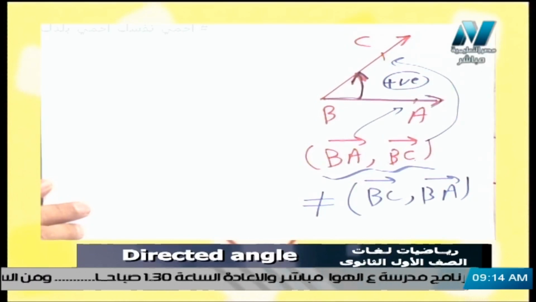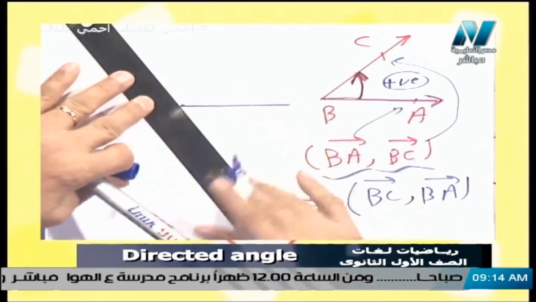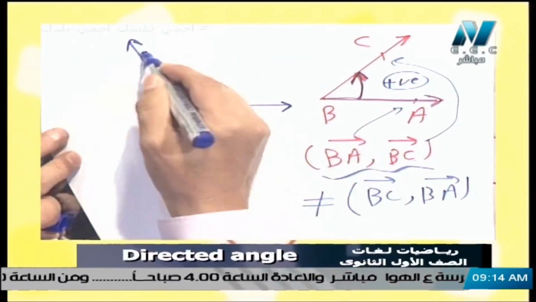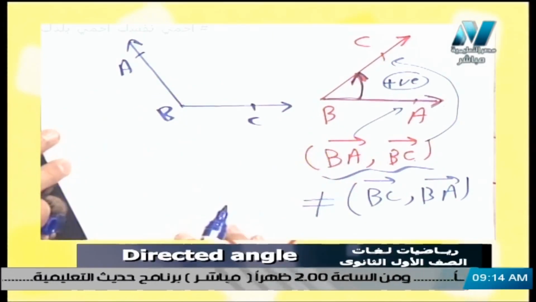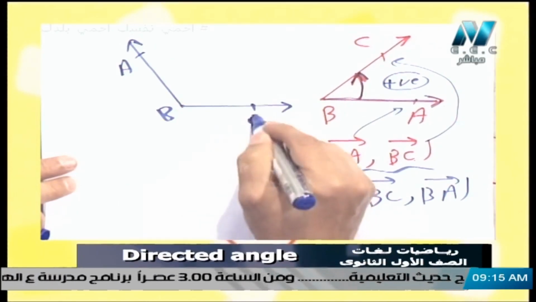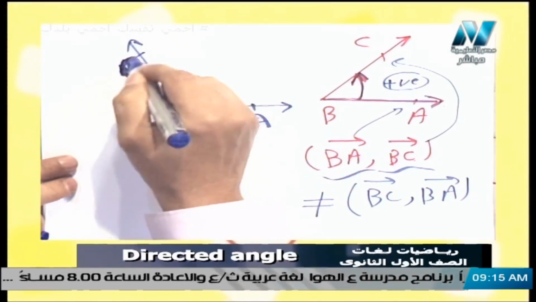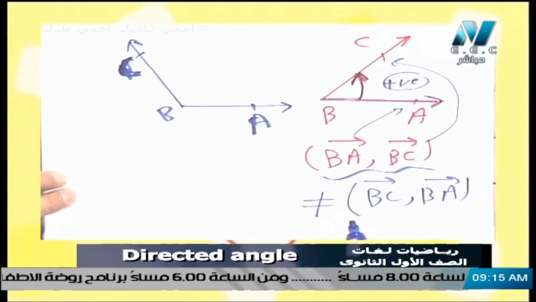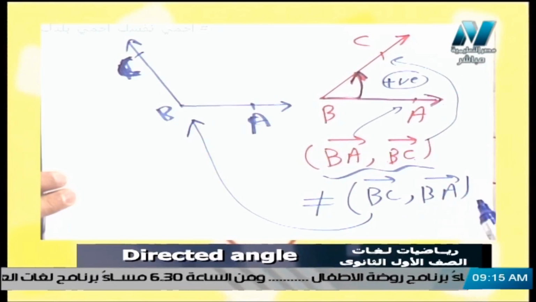But if we have another angle like that, an obtuse angle ABC. Okay, say that A and this is C, to be the same names, and we have here the ordered pair BC and BA.